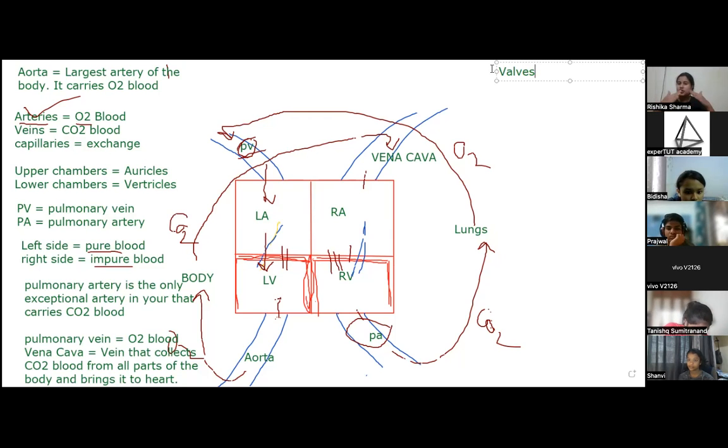Okay, like that. These valves basically help in preventing the backflow of the blood. Very, very important point. The backflow of the blood. If the function of the valve is asked, it will prevent the backflow of the blood.